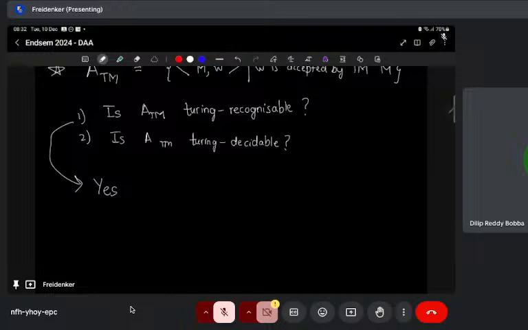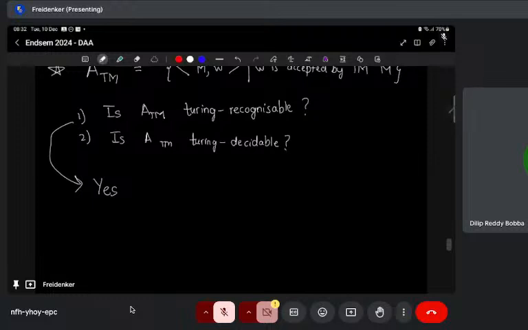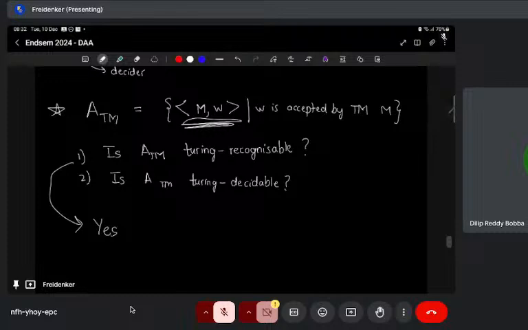Why? If the answer is yes, I'm supposed to show that there exists a Turing machine that accepts these kinds of tuples. You could think of them as strings, because I can convert everything to zeros and ones. So this is essentially some other string, or I'll just call it M comma w. So I have to construct a machine that accepts M comma w.